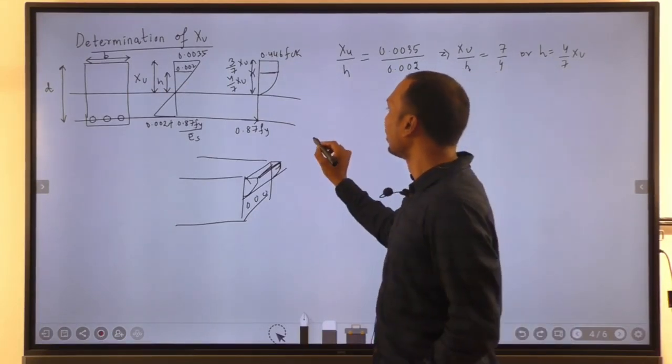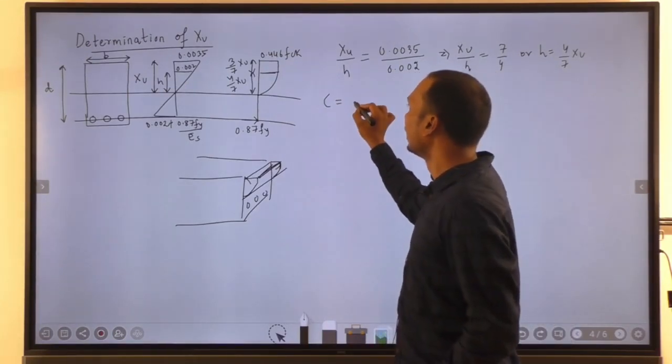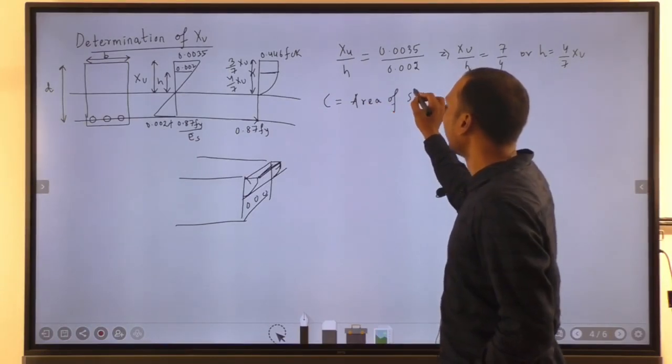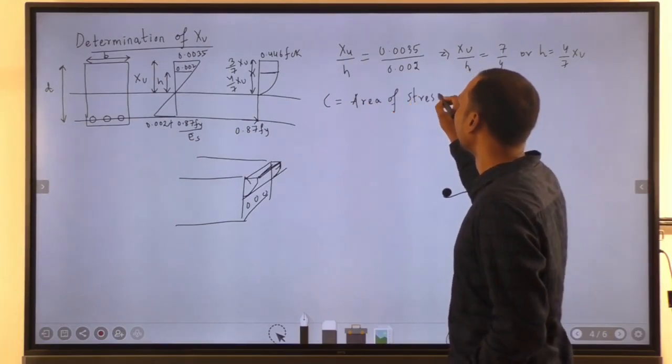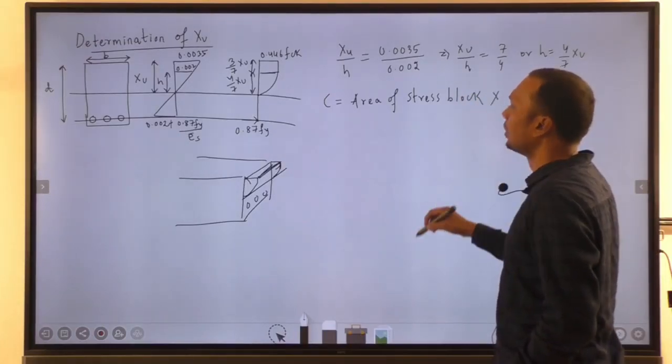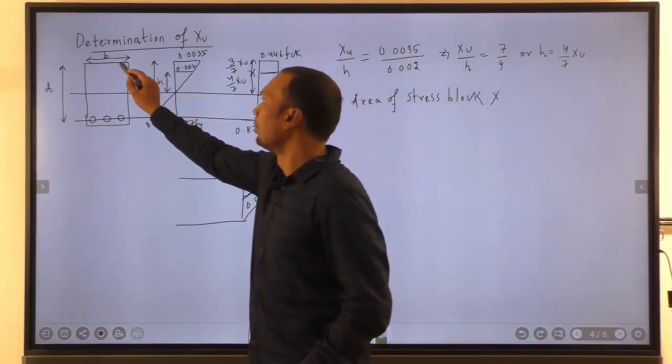That is why to get the compressive force, we need to determine the area of the stress block multiplied by the width of the beam.